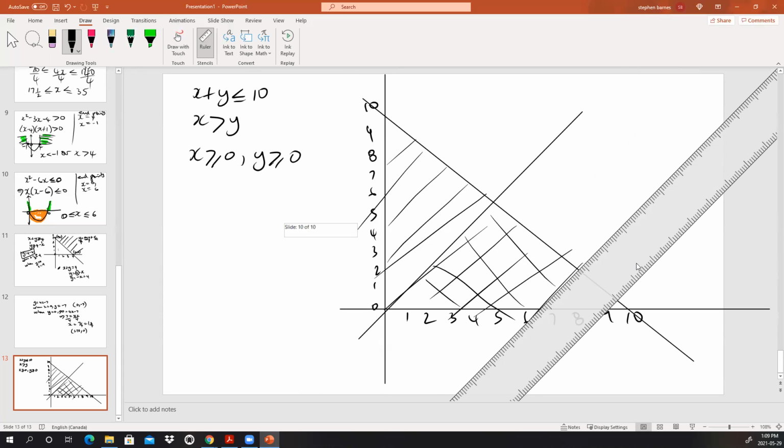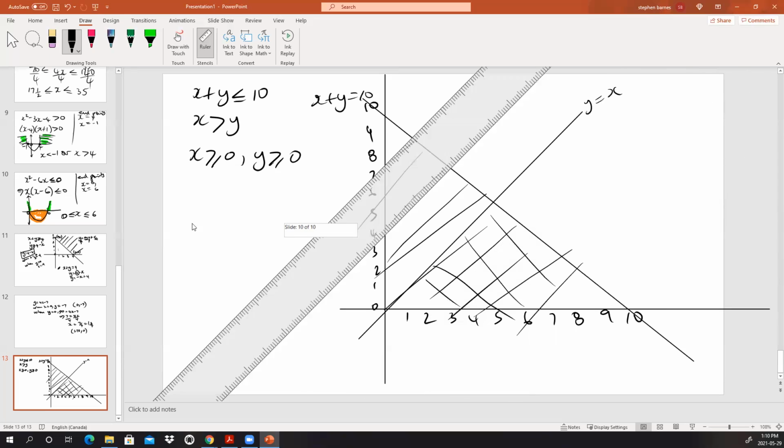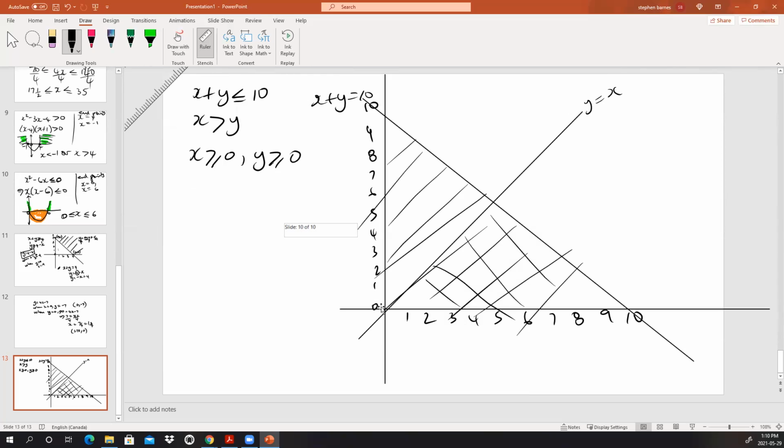All right, so this is y equal x, and this is x plus y equal to 10 here. And we know that x greater than 0 would be everything over this side.